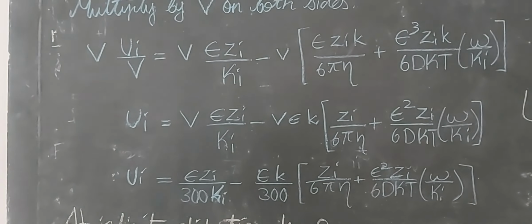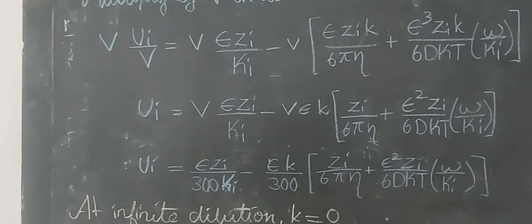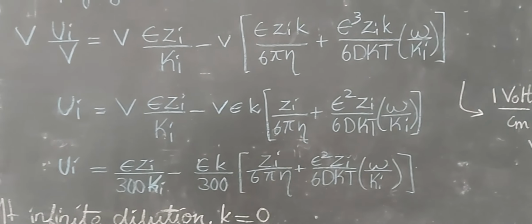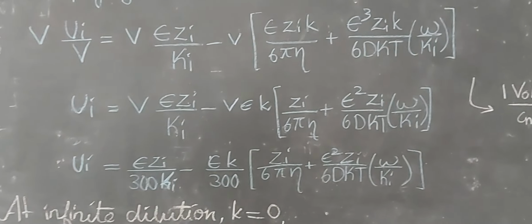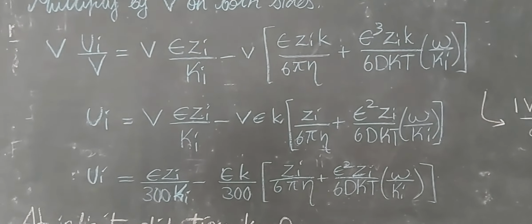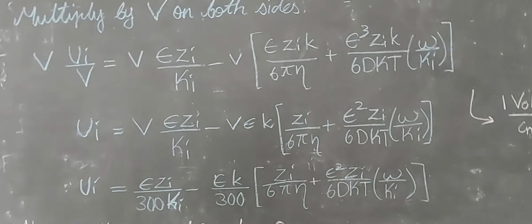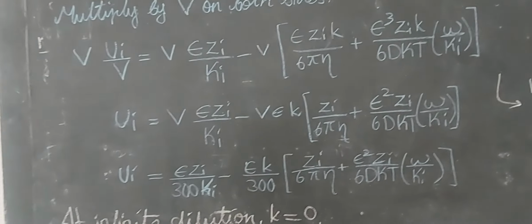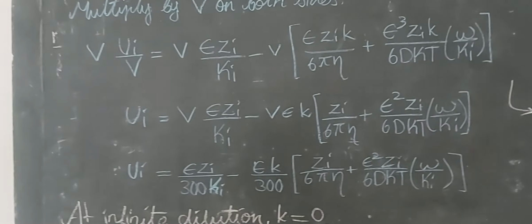u_i equal to epsilon z_i divided by 300 kappa_i minus epsilon k divided by 300, and the next term will be the same as the before step. This is an equation for a reaction which is progressing while the solution is being made up.